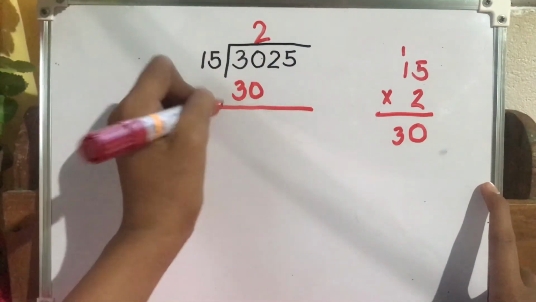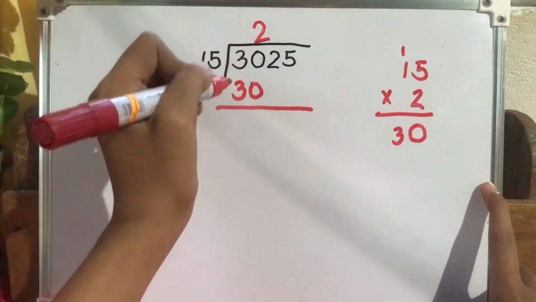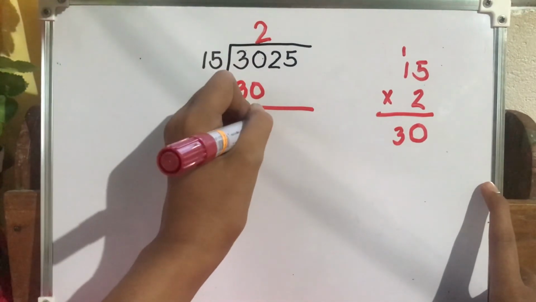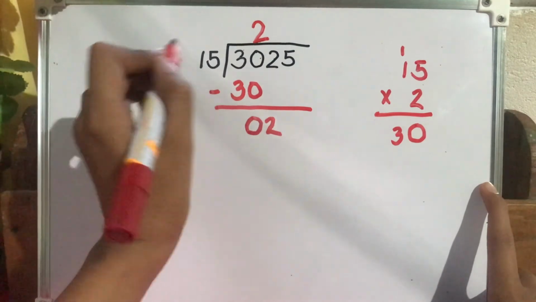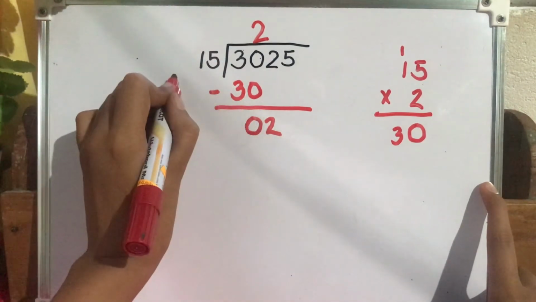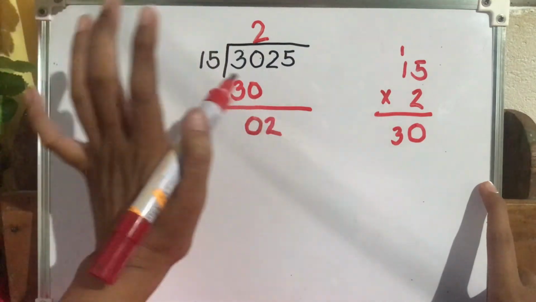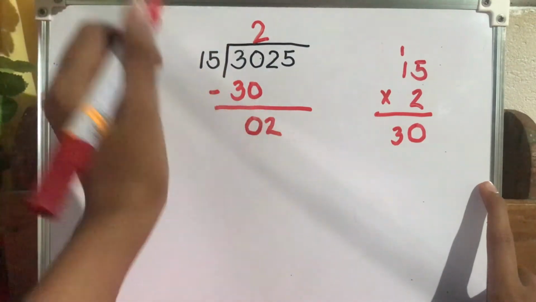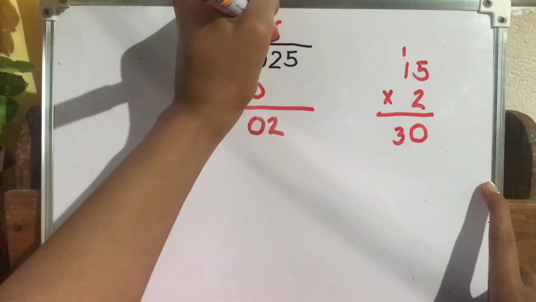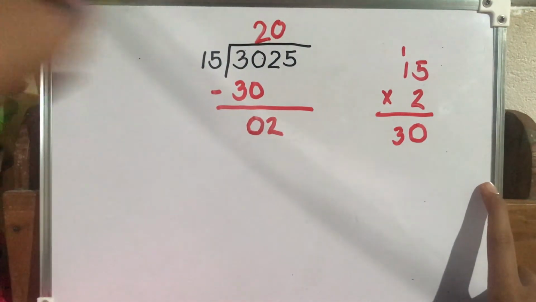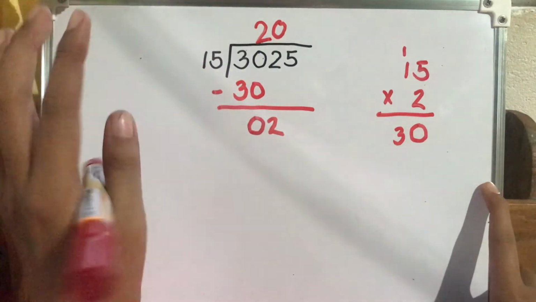And then we will subtract. So 30 minus 30 is 0. Bring down 2. Okay, so let's have 2 divided by 15. That is impossible, so it cannot be. That's why we will put 0 since 2 is smaller than 15. So 0 times 15, automatically 0.